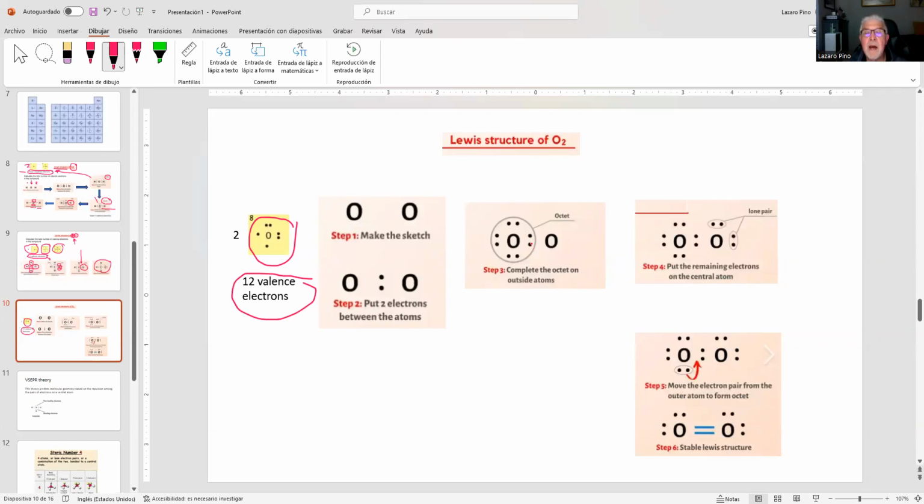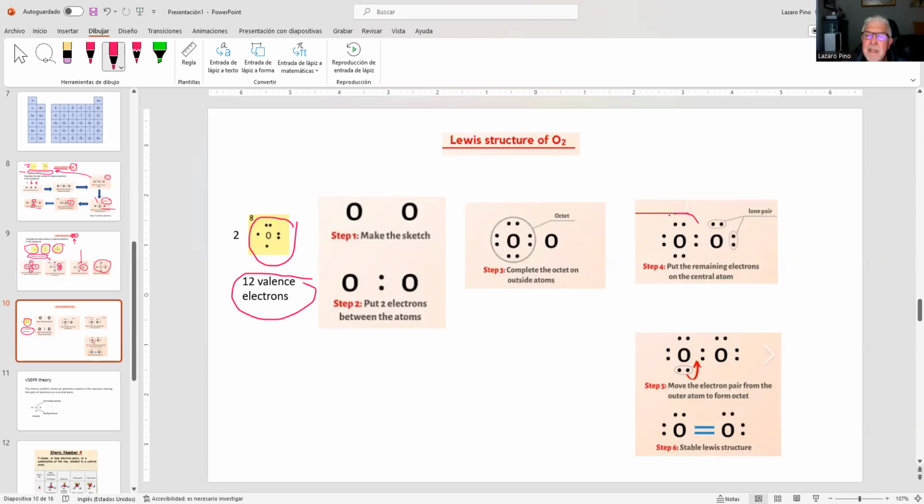Then we have to complete 1, 2, 3, 4, 5, 6 electrons, and 2, 8. But we have 12. Then we have to add 2 more, and we add 2 electrons here and 2 electrons here.